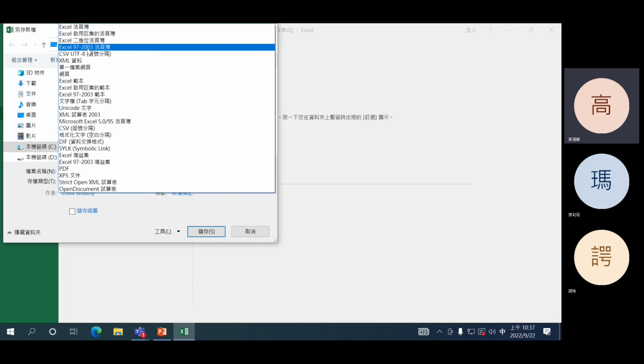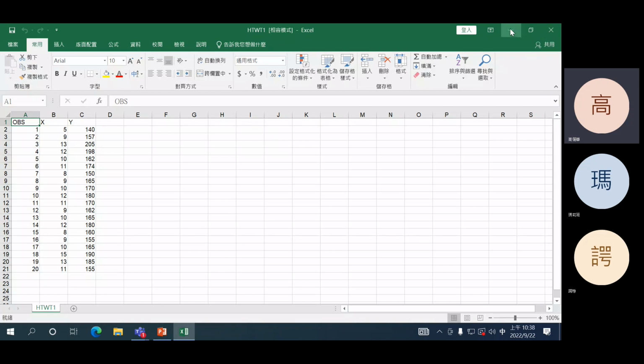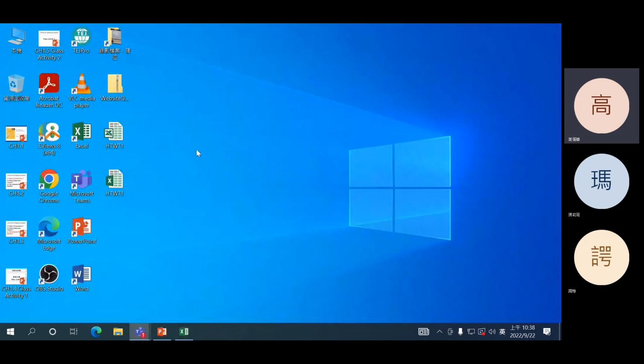If you choose the top one, it will be the latest version of Excel file. So if I do this one and store it, you may see that I have another form which is similar to this one. This is the latest version of Excel, and this is the old one.